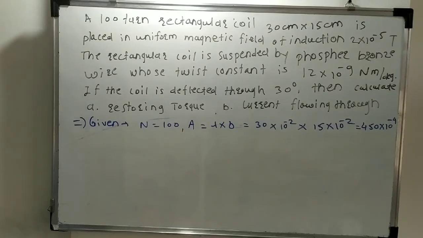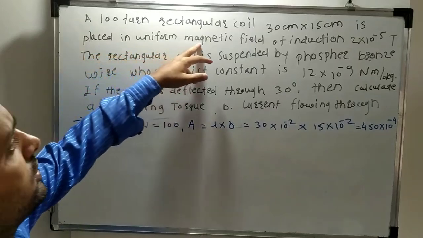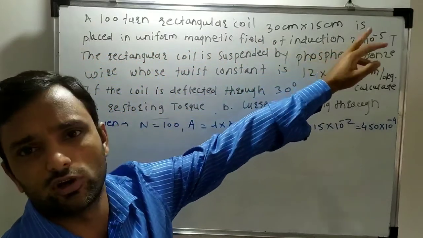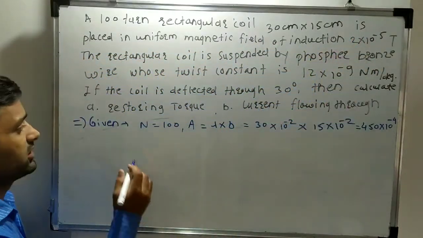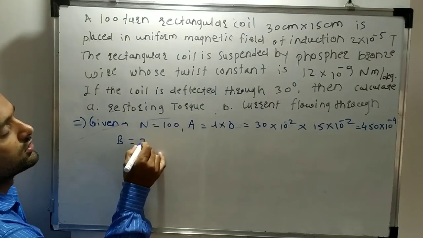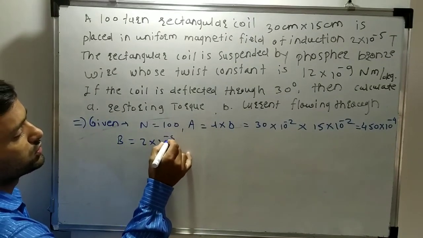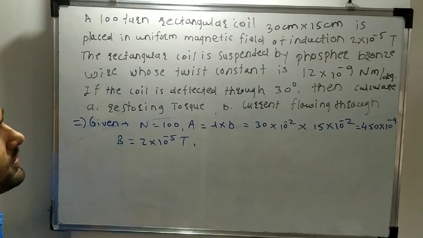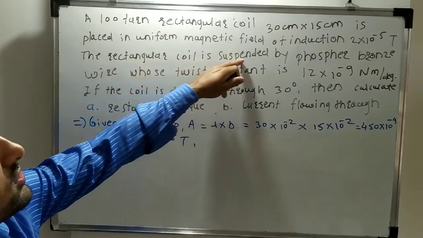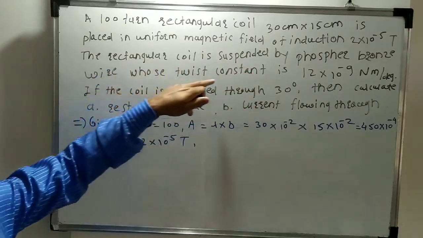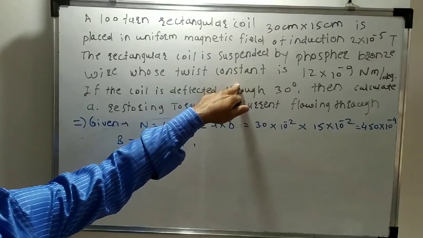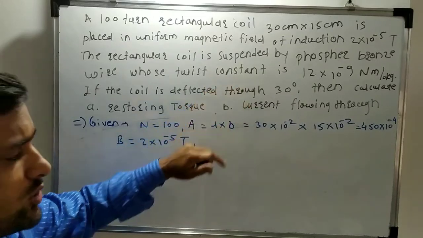Then next, what are the given terms again? Placed in uniform magnetic field of induction, so it is a magnetic induction B, 2 into 10 raised to minus 5 Tesla. Suspended by phosphor bronze wire whose twist constant is called torsional constant.